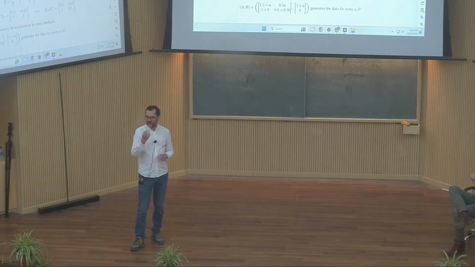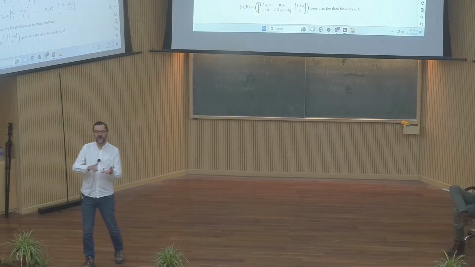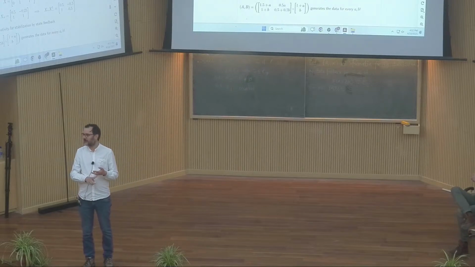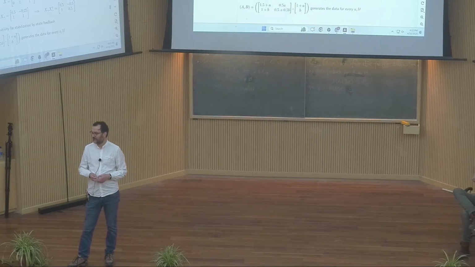But do you see where I am heading to? It's a unifying approach to feedback stabilization, deadbeat control, or pole placement. If I can solve this problem, I can provide necessary and sufficient conditions, then I am done.